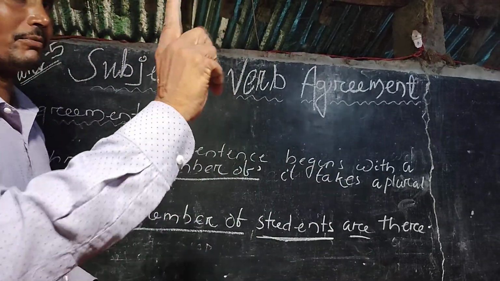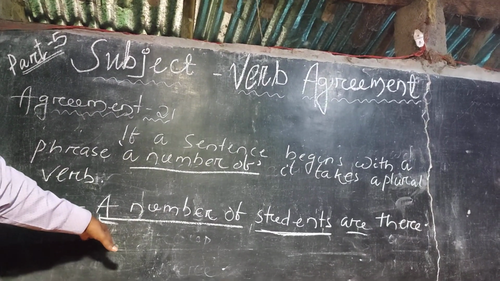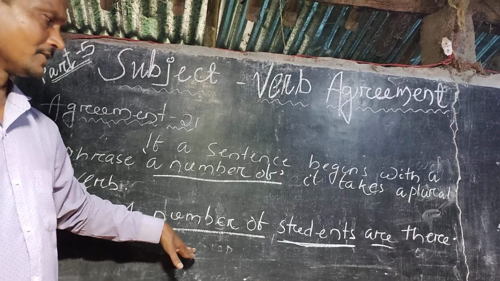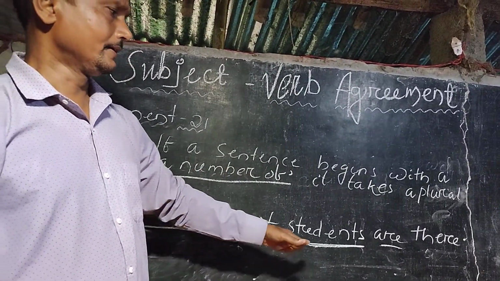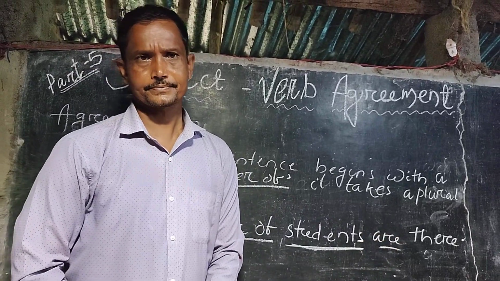But simply remember that if a sentence begins with "a number of," in most cases it takes plural verbs.